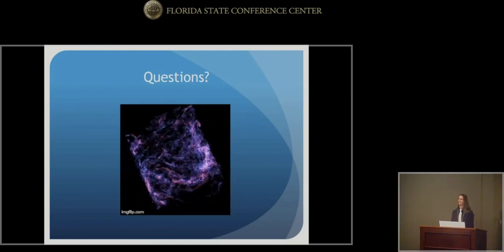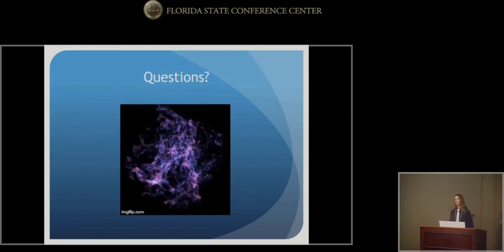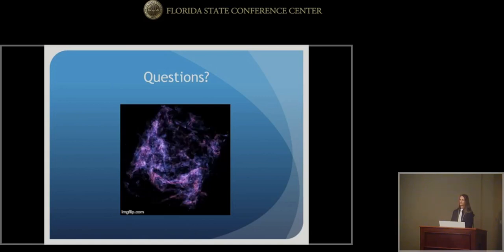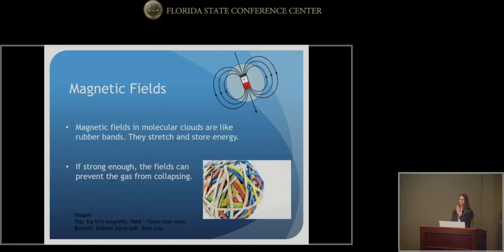Question? Yep. So, not being a physicist, I sort of associate magnetic field with the picture you showed, a mass, like the Earth or a magnet. Are these magnetic fields just existing in space, or are they there because the cloud is there? In other words, are there fields where there aren't clouds too? So, in general, magnetic fields arise when you have charged particles that are moving with some velocity.